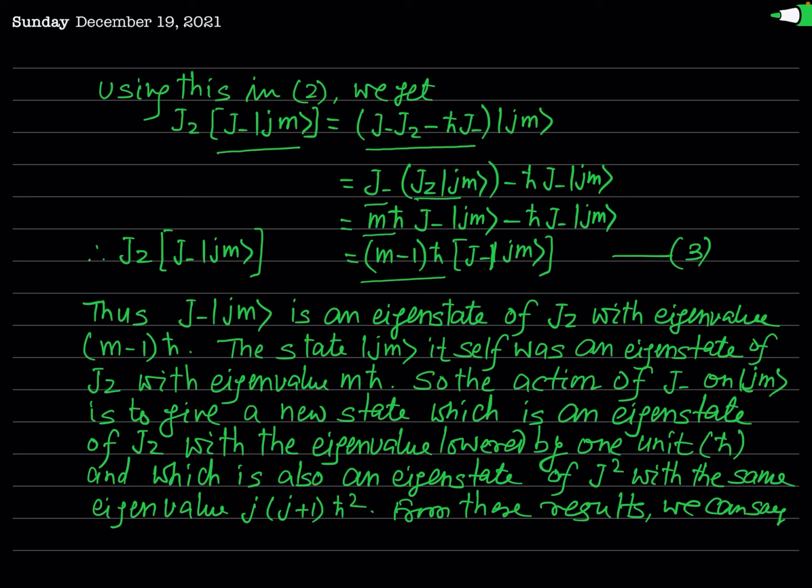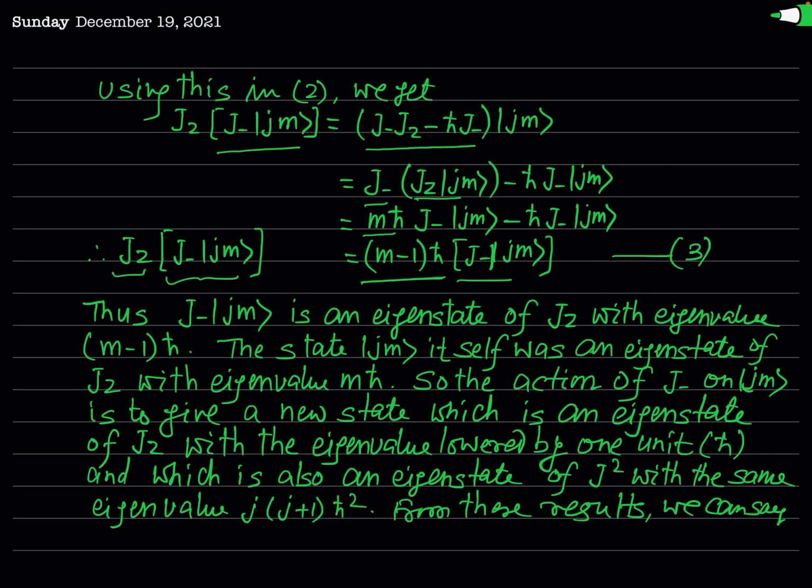See this equation 3. You can recognize this equation as an eigenvalue equation of the operator Jz. Here the eigenstate is J₋|k,j,m⟩, and so the eigenvalue of this operator Jz in this case is (m−1)ħ, as I have told you earlier. When you consider that instead of |k,j,m⟩, J₋|k,j,m⟩ is the eigenstate of the operator Jz, then its eigenvalue does not remain mħ, but becomes (m−1)ħ.